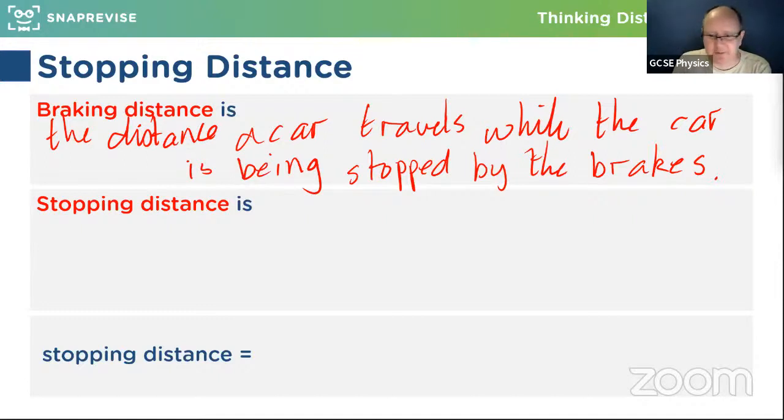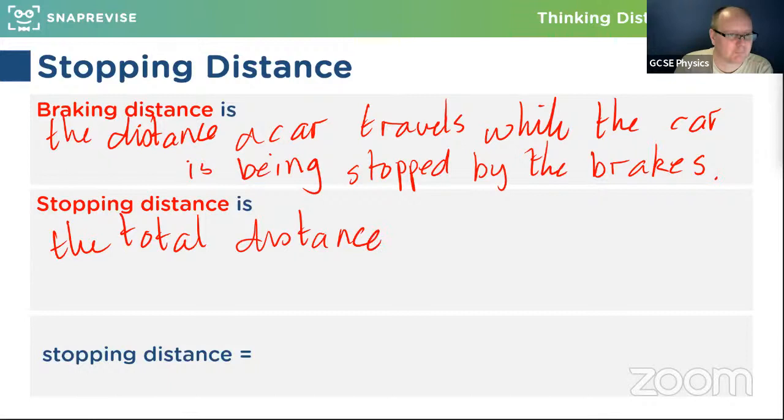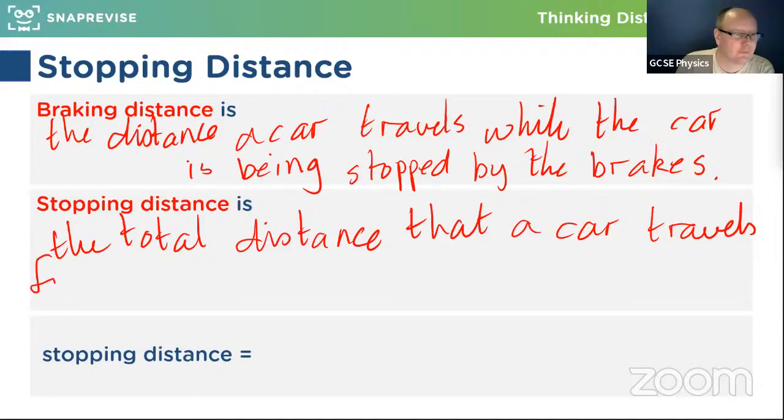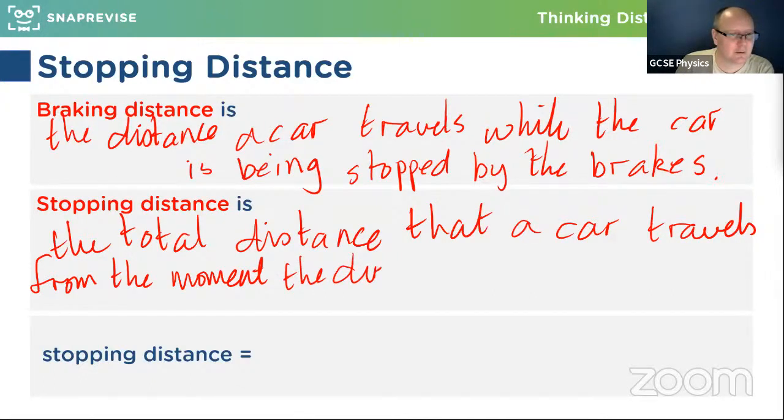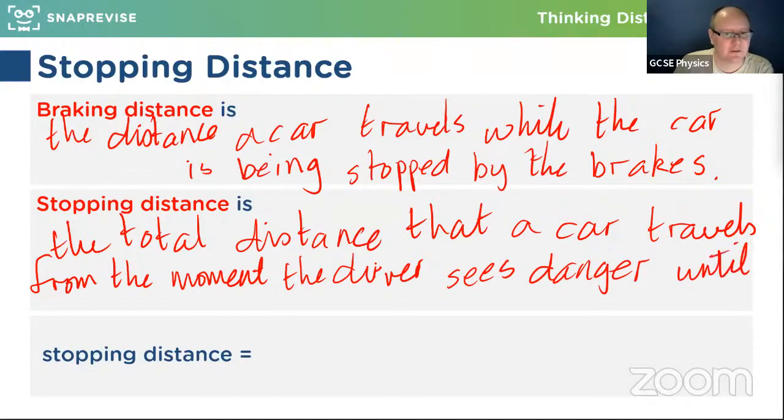Back to stopping distance. So we've covered what braking distance is. Stopping distance is the total distance that a car travels from the moment the driver sees danger until the car is stationary.